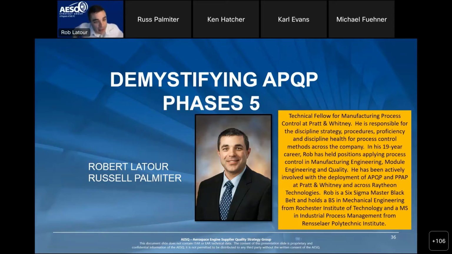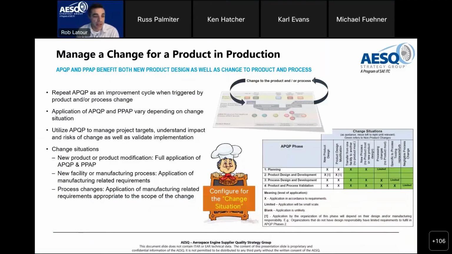So if we can go to the next slide, I wanted to continue the concept of this flight path that we are on, but in the context of managing a change. When you're in production, you look at your performance and identify opportunities for improvement. These could be opportunities in actually changing the product, a new design to meet a customer need, or a modification to an existing design to improve on a shortfall, or it may be making changes to the production processes.